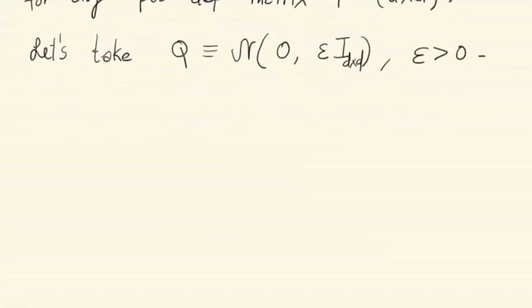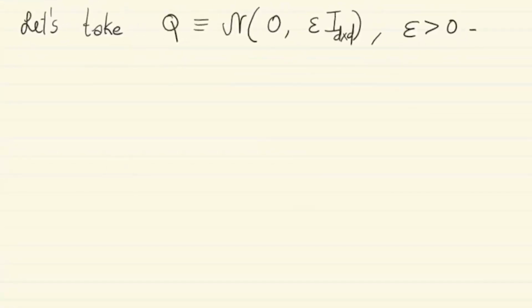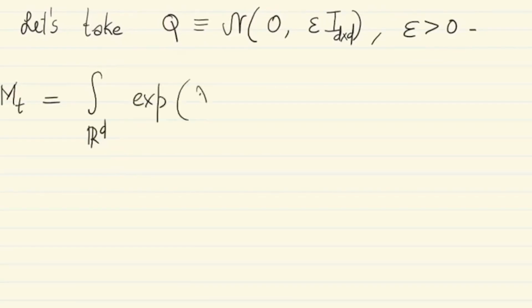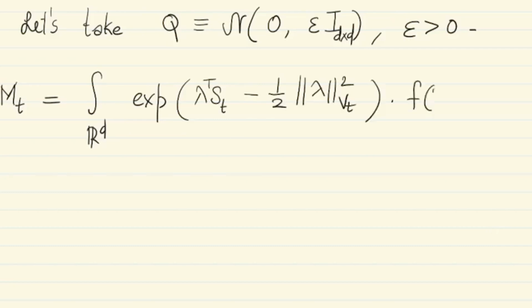With this, we can explicitly start writing M_t as the integral of M_t(lambda), which is e raised to lambda transpose S_t minus half lambda V_t lambda squared, with respect to the density of the Q distribution.